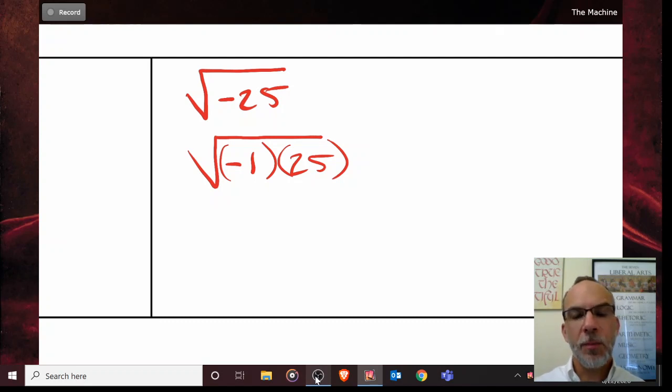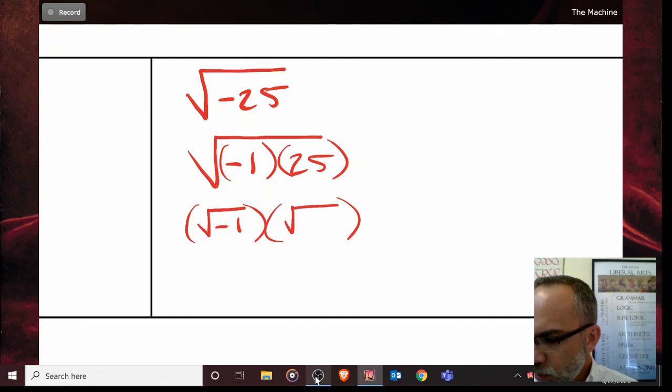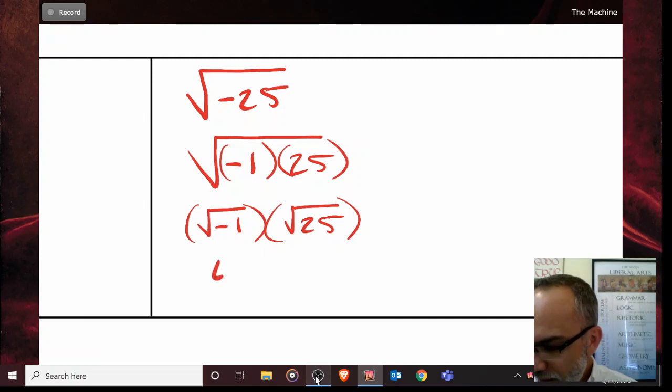Now, because of the product property of radicals, we know that we can take a square root of a product and make it a product of square roots. So this is going to be the square root of negative 1 times the square root of 25. And now we can say that the square root of negative 1, that's the imaginary number i. And the square root of positive 25, we already know that's 5.